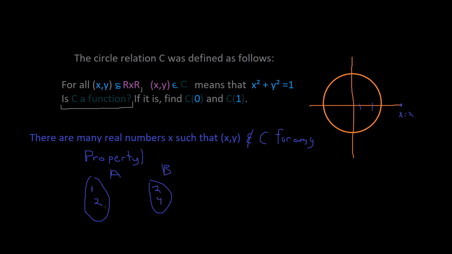We said that if there's an element contained in X, which is going to be the set A, this is X, this is Y, there is always something over here for said X. So I'm going to erase this. Hopefully this clarifies.